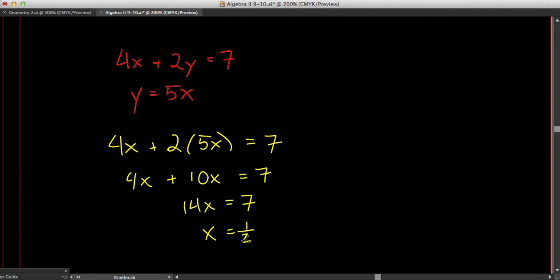Okay, so now we have x is equal to 1/2. We can take that and plug it back into any other equation that we have. This one is obviously going to be the easiest one, the second equation. So what we can do is take that x equals 1/2, plug it in, and we get y is equal to 5 times 1/2, or y is equal to 5 halves.